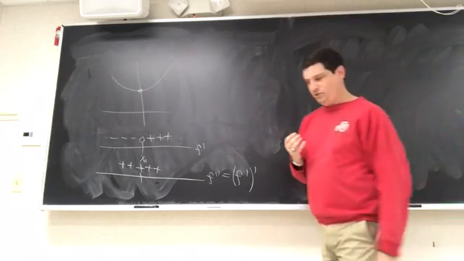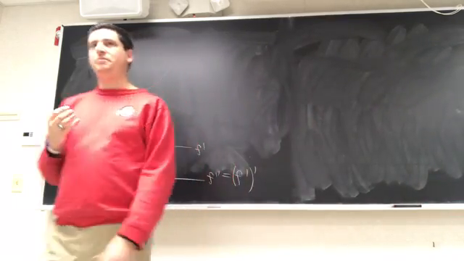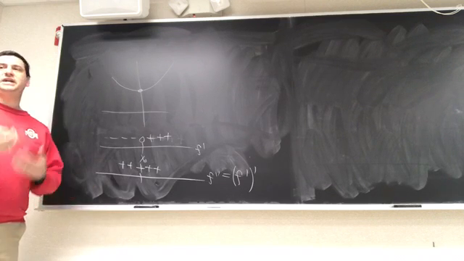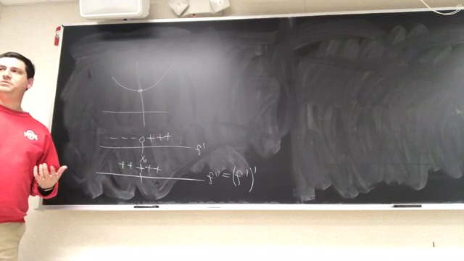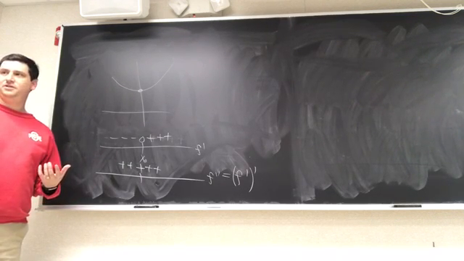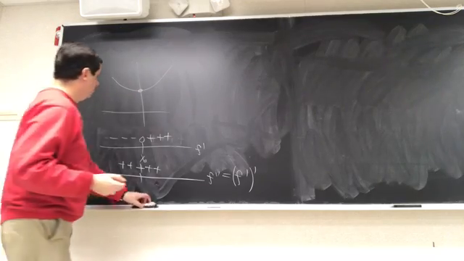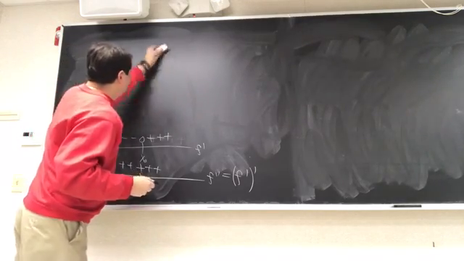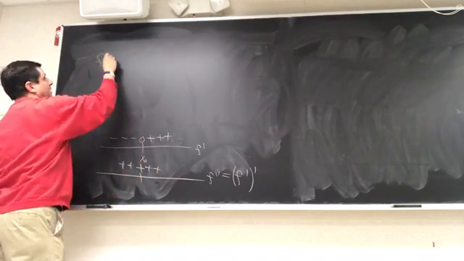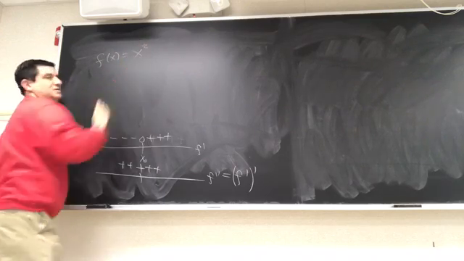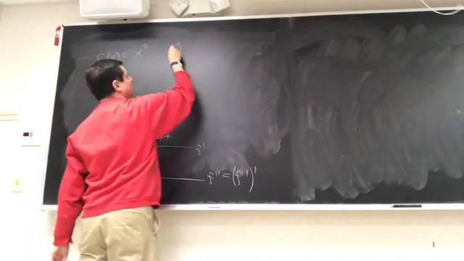What I like to do is minimize how many things I have to remember. Can somebody give me a nice, easy function to think of that has a minimum? x squared. Can somebody give me a nice function to think about that has a maximum? Negative x squared. Right.